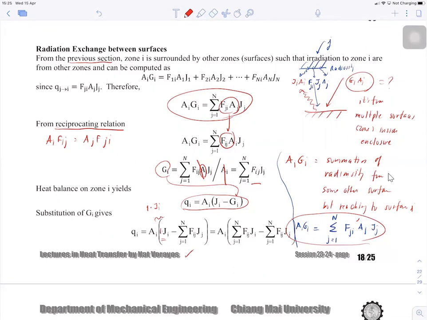But 1 is the summation of J equal to 1 to N of Fij, right? We learned about this.